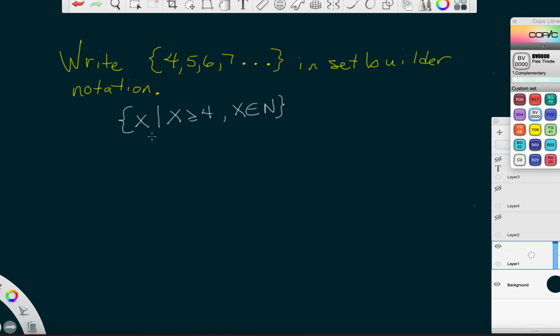All right, so just reiterating, we start with x such that x is greater than or equal to 4, because it's 4 and counting onward. That's what the ellipses mean. And then x is an element of natural numbers. Okay, we haven't done that for a while, so I wanted to repeat what it really should look like. All right, so that's that.